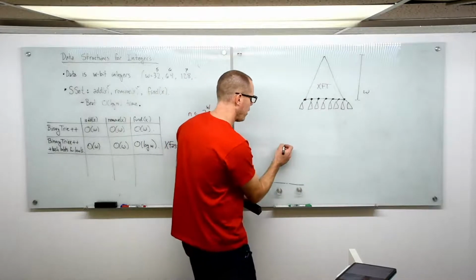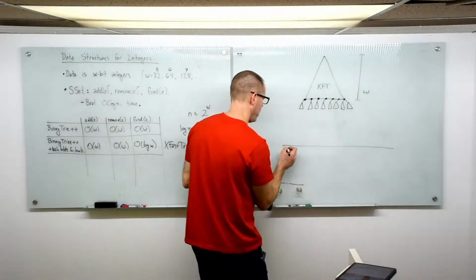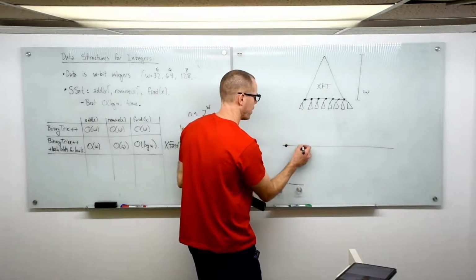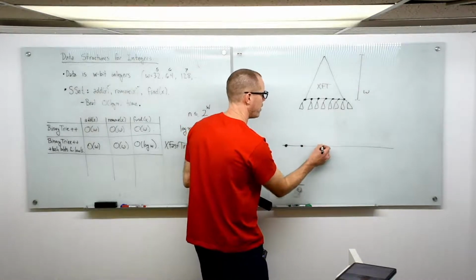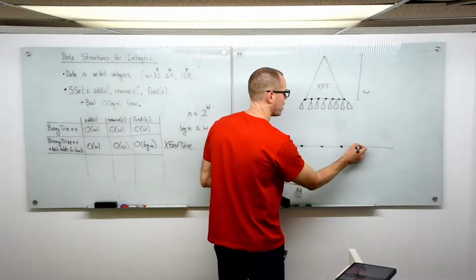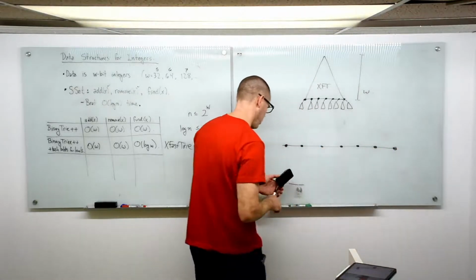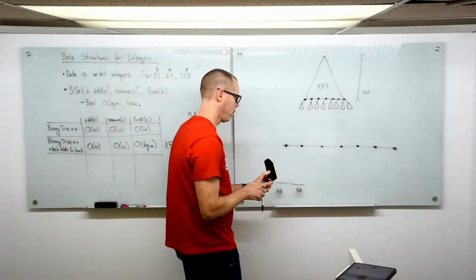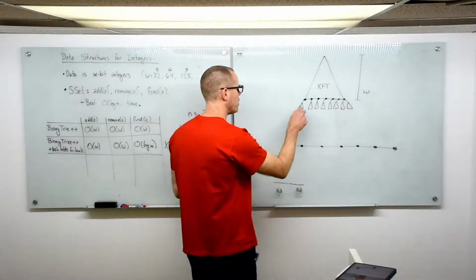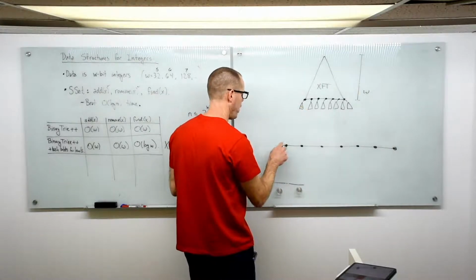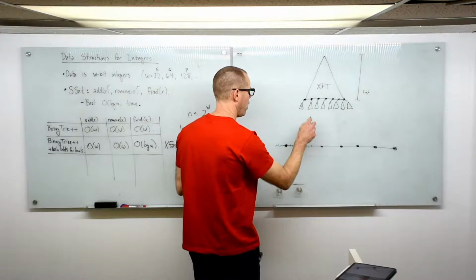So if you think of this on the number line, these are the values in the XFast trie. But between consecutive ones, you will find other stuff.